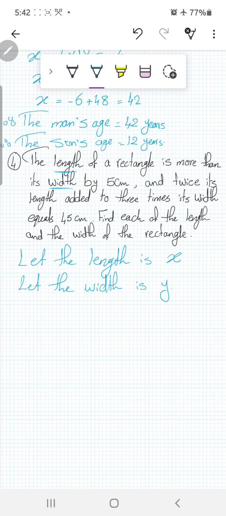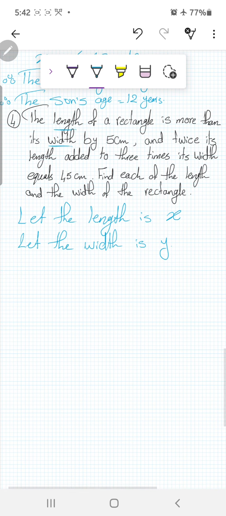Okay, read it again. The length of a rectangle is more than its width by 5. So here we have the length, which is x, more than its width by 5. So y plus 5.